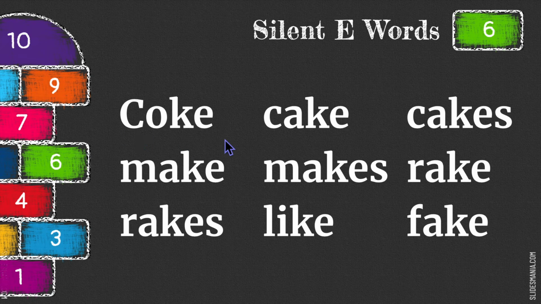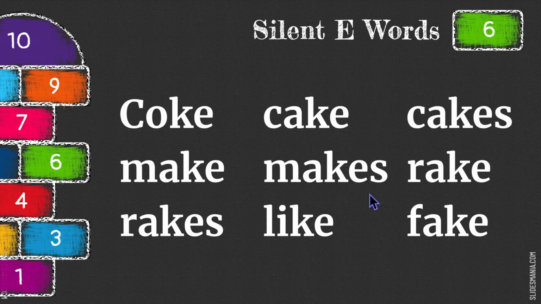Oak, Coke. This word has a capital C because it's a brand of soda. Ache, cake. Aches, cakes. So we still have the silent E making the A take its long sound, but it's not at the end of a word because we have added the S to indicate that there is more than one cake. Ache, make.